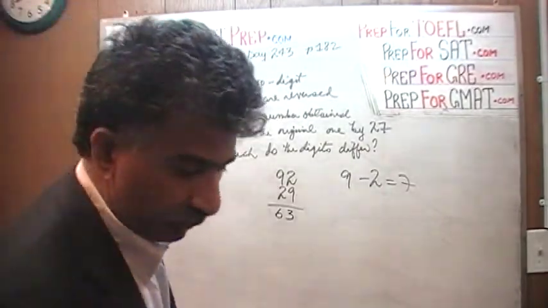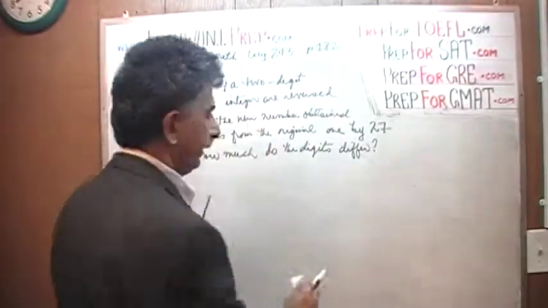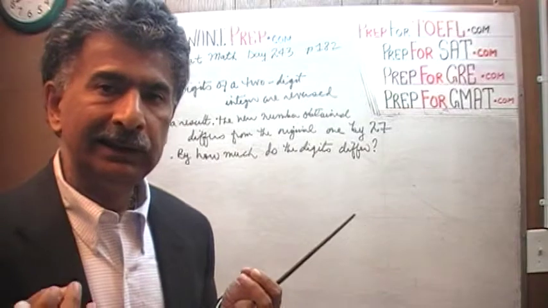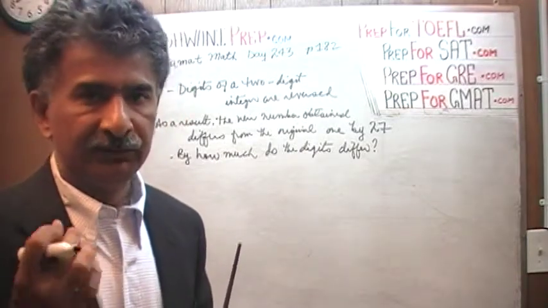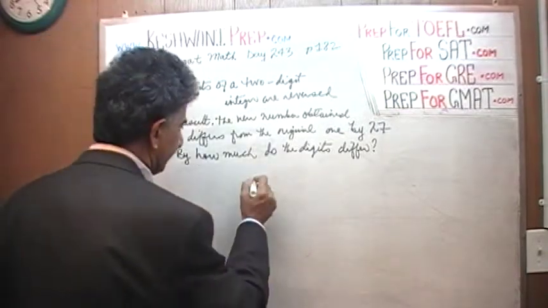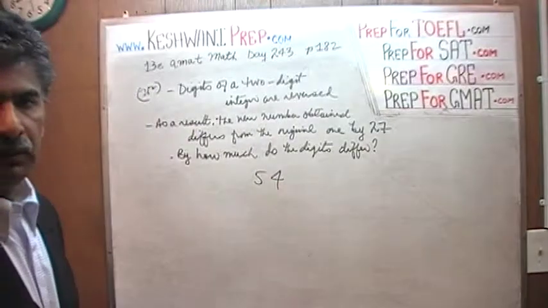The question is, how do we go about setting it up? In other words, how do you express a two-digit number in the language of algebra? That's the biggest hurdle for most people. For example, if we have 54, how do you express 54 in the language of algebra?